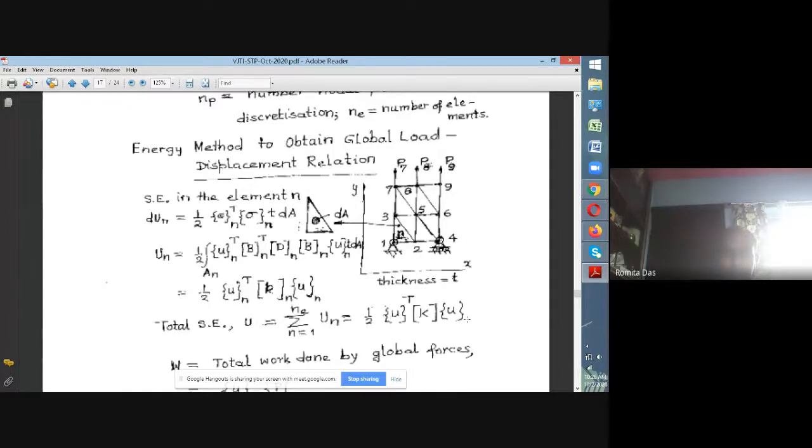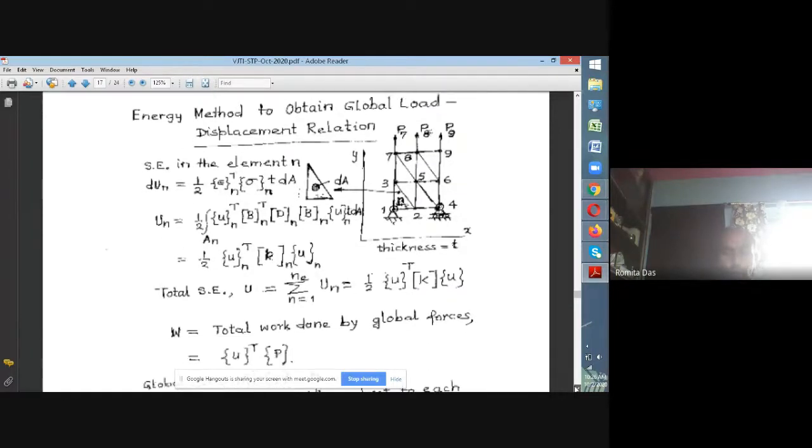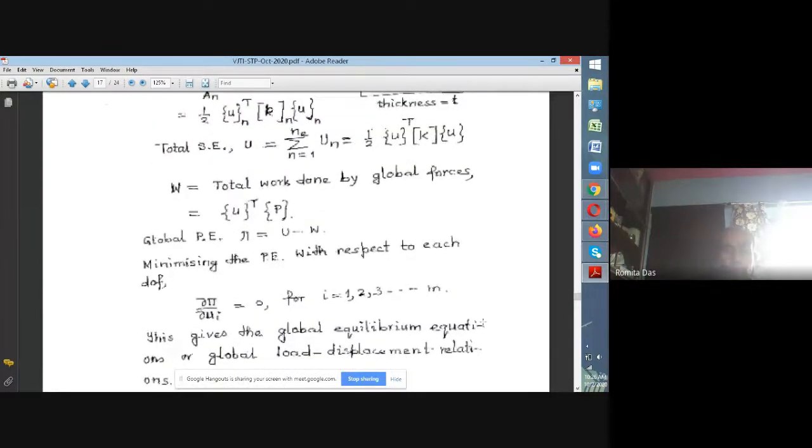The total work done by the global forces is nothing but the global loads multiplied by the corresponding displacements, which can be written as U transpose multiplied by P. So the potential energy of the whole system is the strain energy of the whole system minus the work done W.